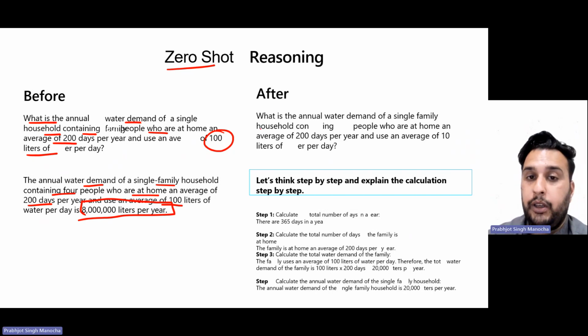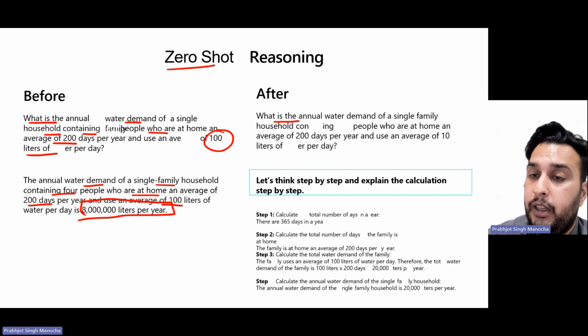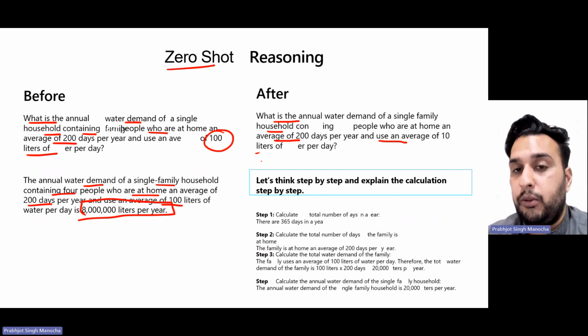But after that, we are refining. For example, what is the annual water demand of a single household family whose people are at home an average of 200 days per year and use an average of 100 liters of water per day? Now, that needs to be calculated step by step.